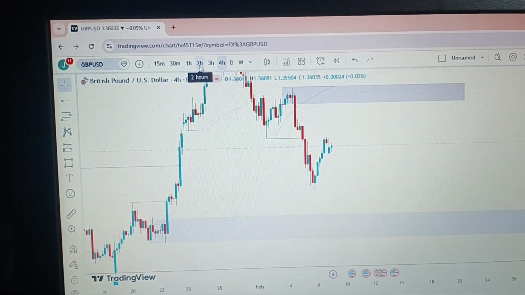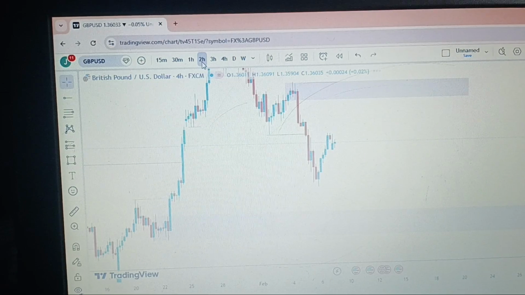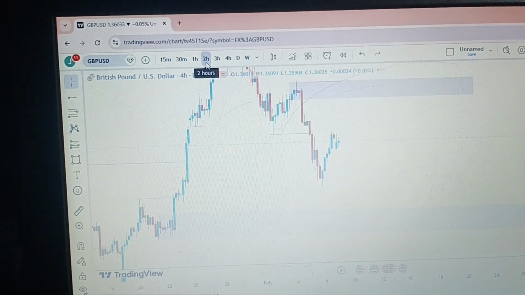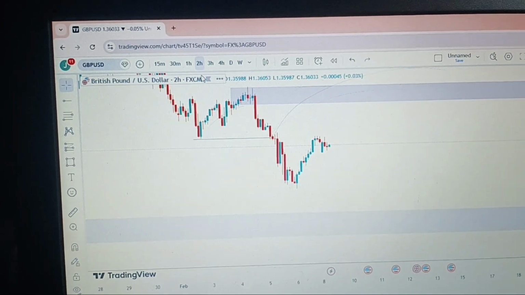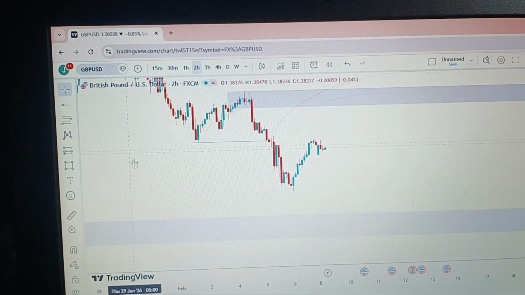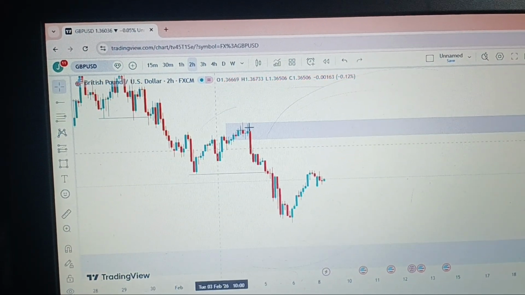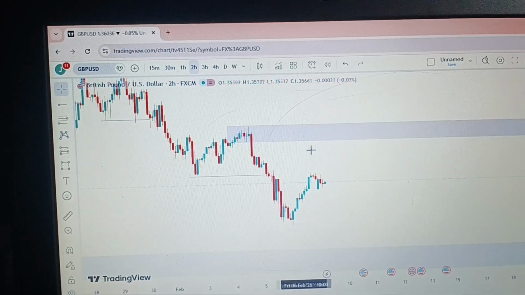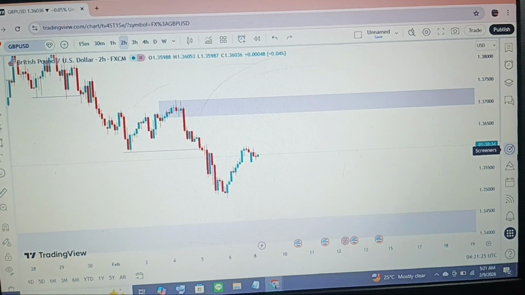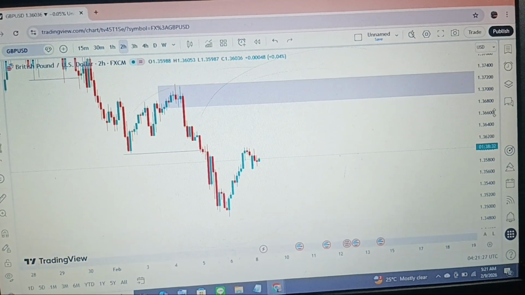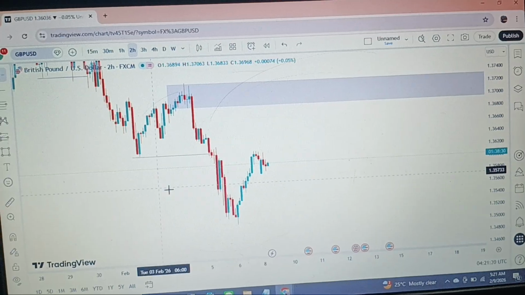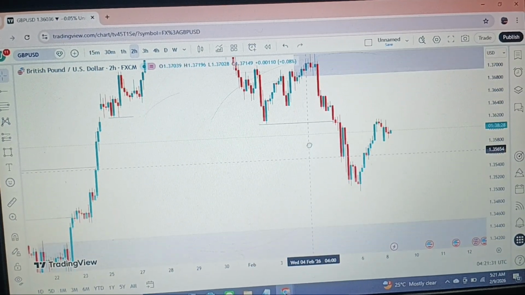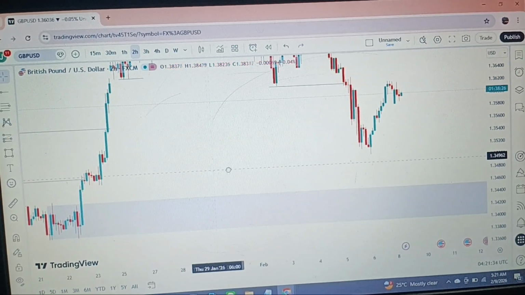Let me first of all go straight to the 2 hour. Okay, so you can see that our level of supply is still neat and clean here. It's still neat and pushing down.